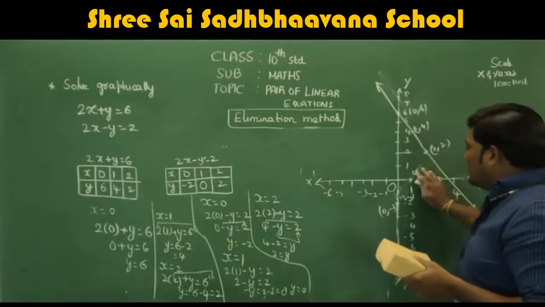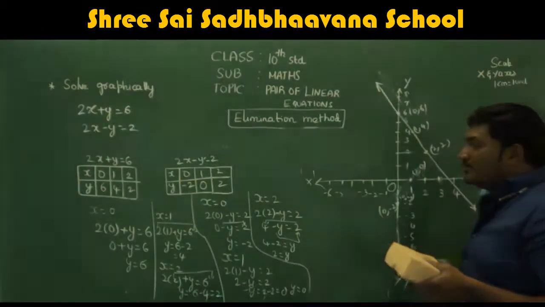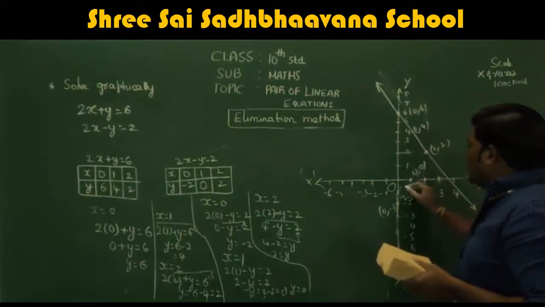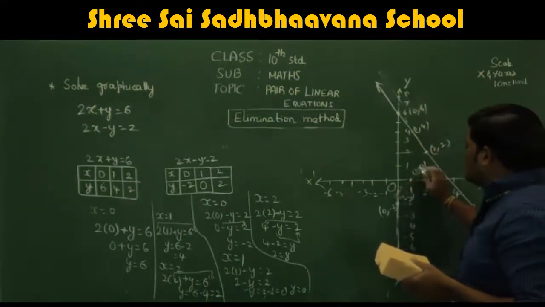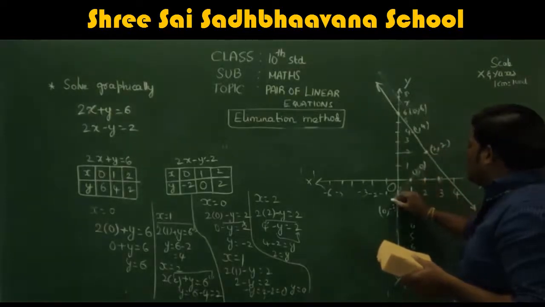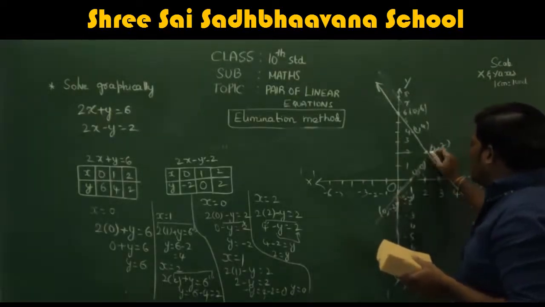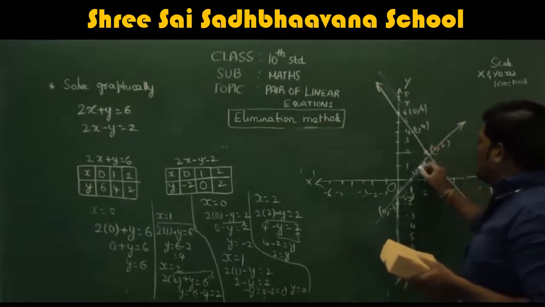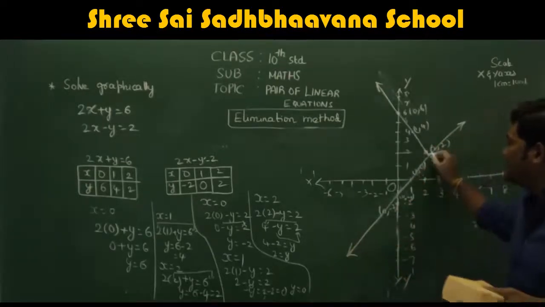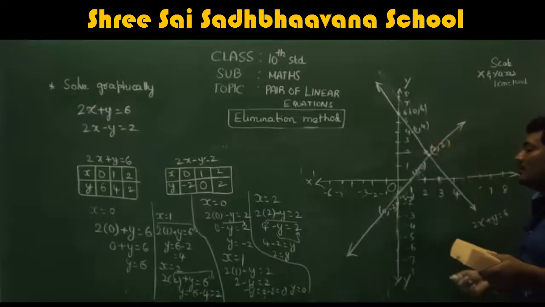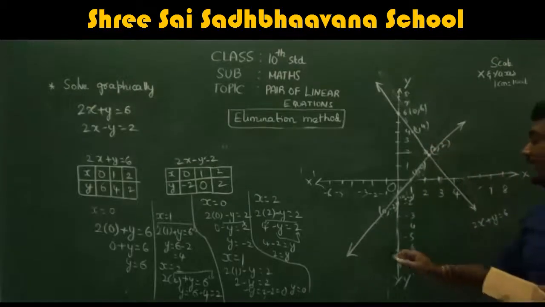The last graph also we got this. And 2, 2 is already there. So just draw the line through these points. Let me write 2, 2 here, which will intersect exactly at 2, 2.